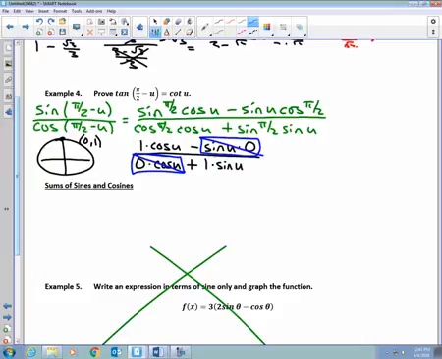So you end up with 0 times cosine, which is 0. So therefore it goes away.